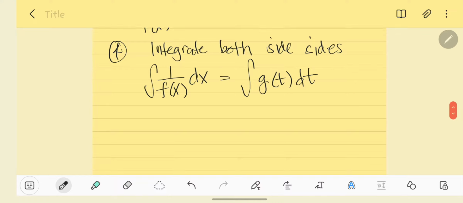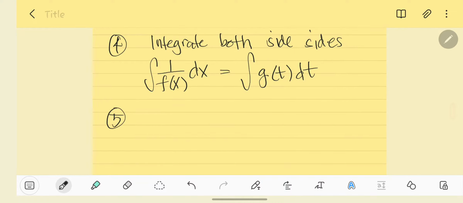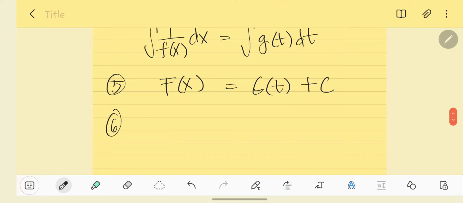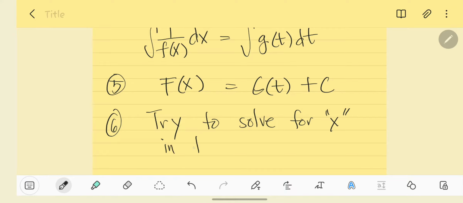And then after you integrate both sides, you should obtain the function of x is equals to function of t plus c. So note that the capital letter F and capital letter G denote only the functions that we got after integration. So next step is try to solve for x in terms of t.